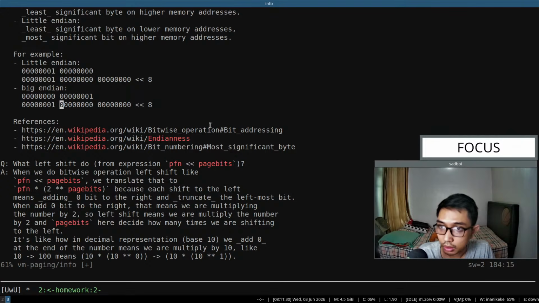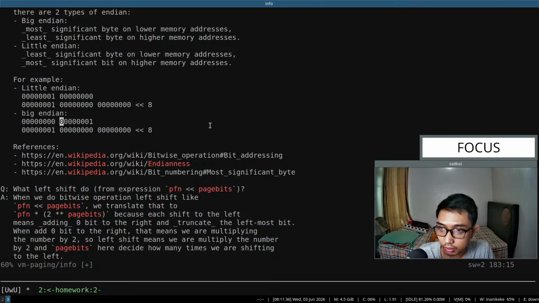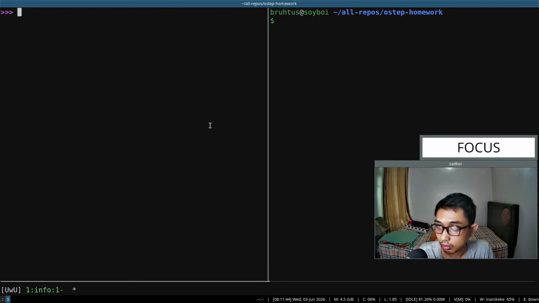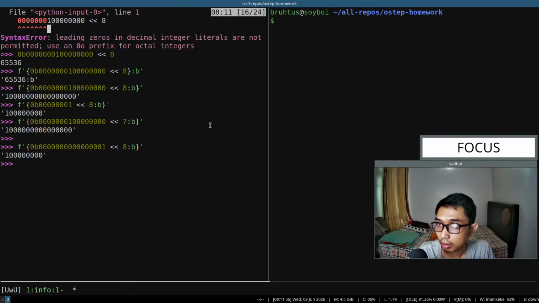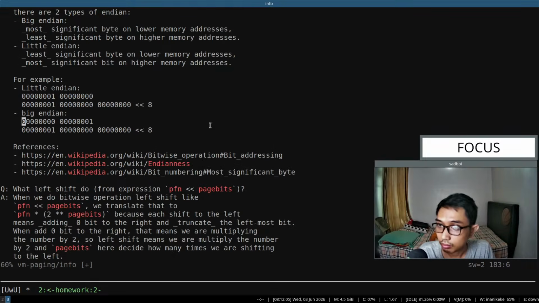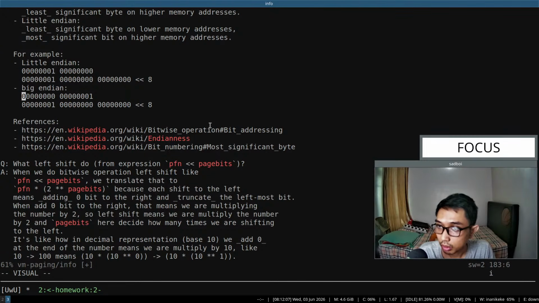For big endian left shift, we're shifting by 8, right?